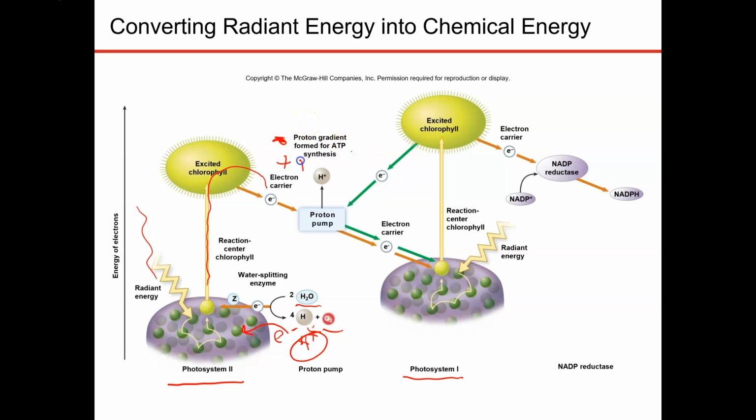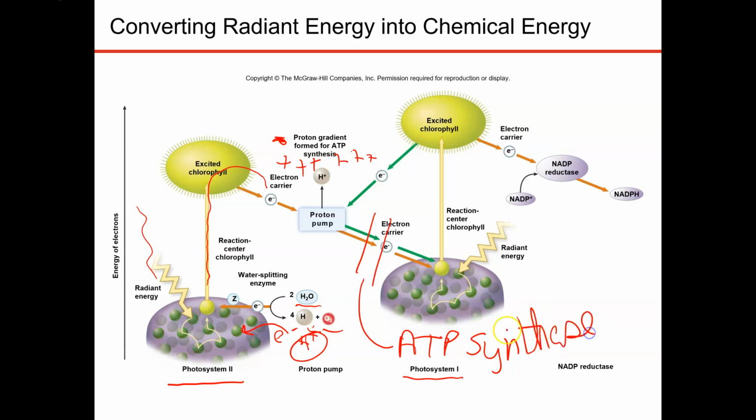Since we have more hydrogens on one side of the membrane and less on the other, they want to move back until they're at equilibrium. They flow through an enzyme called ATP synthase, very similar to aerobic respiration. And so we produce ATP in this process.